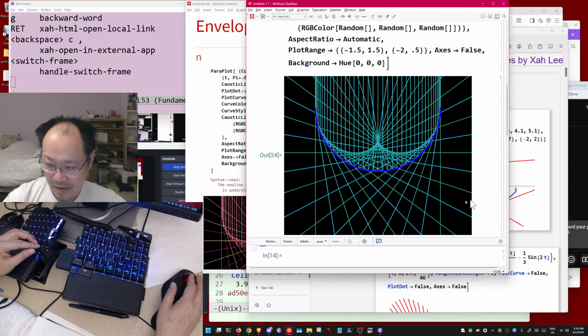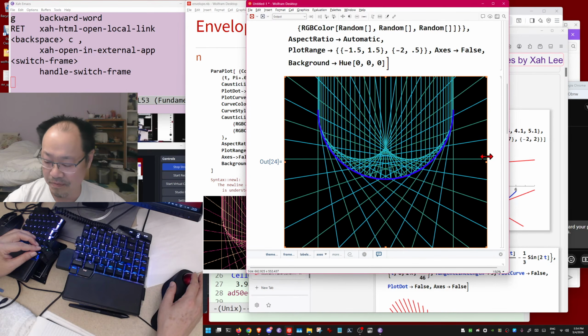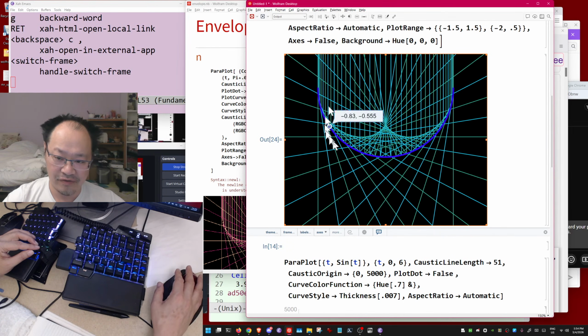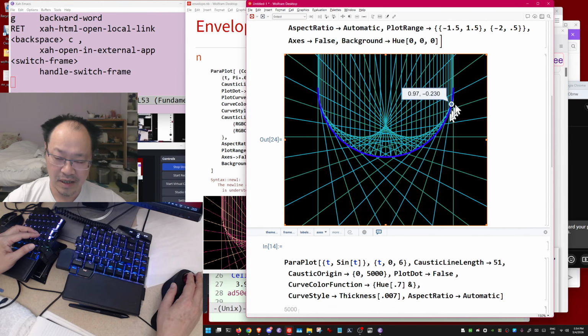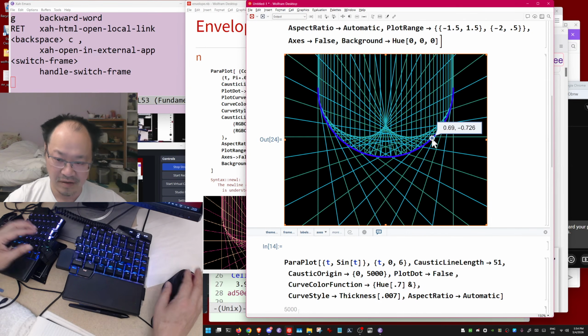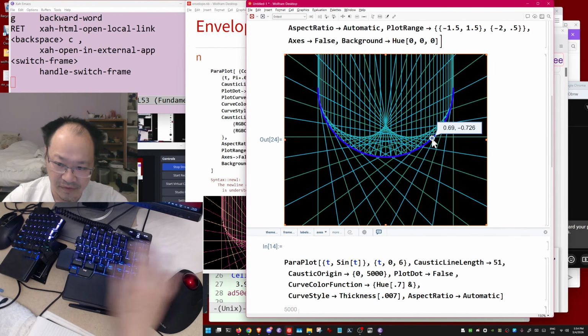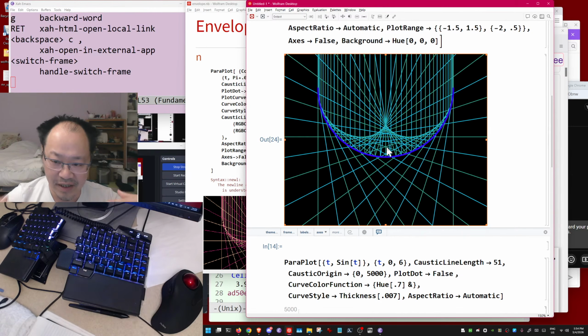So caustics means the light rays reflected from a curve. So you can see this blue is a circle, half of a circle, and the parallel light rays hit it from above. Then some of it is reflected off. Then you got this S-shaped thing.